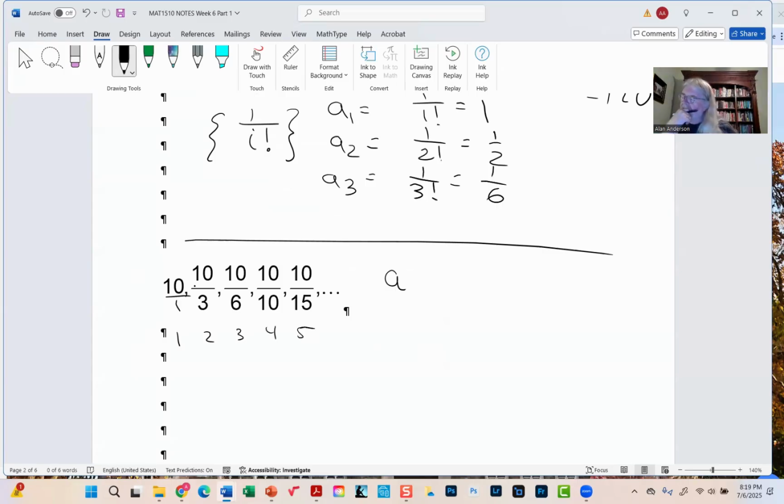Wow, this one's a little bit more challenging, isn't it? Because you can see that the differences are growing. You start with the one and then it jumps up by two and then three and then four and then five.